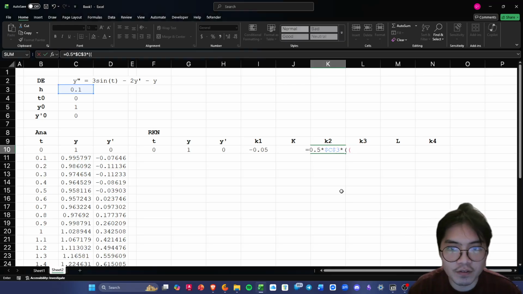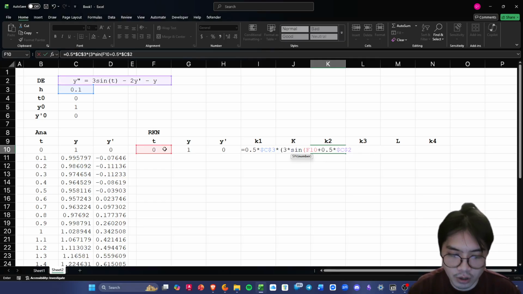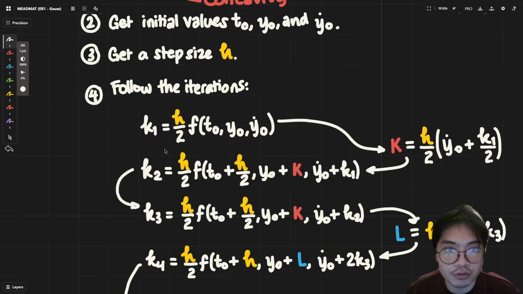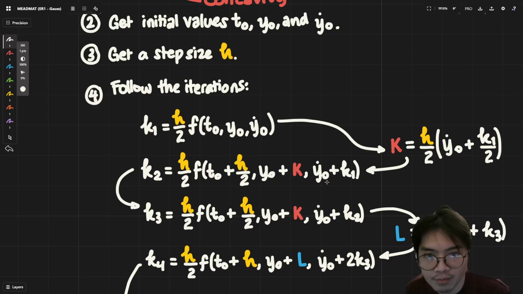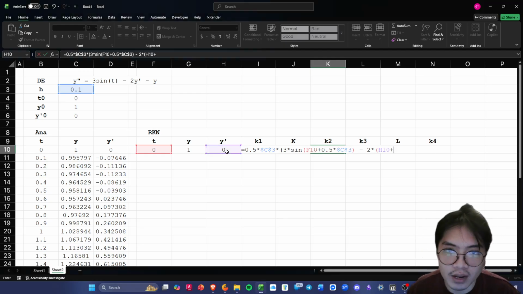Okay, so now we will have t and then y prime. Say for example we encounter t. In this case we will have 3 times sine of t. Instead of using t, we will use t plus half a step, C3. And then minus 2 times, instead of using y dot, you use y dot plus k1, which is I10.